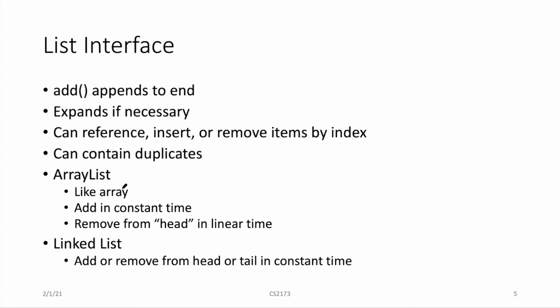So an array list is like an array. And in fact, under the hood, it literally has an array. You don't have to know this, but just for your information, an array list keeps an array of these things. And when you add something, it keeps an index that points to the next one, kind of like what we did in the poker deck.